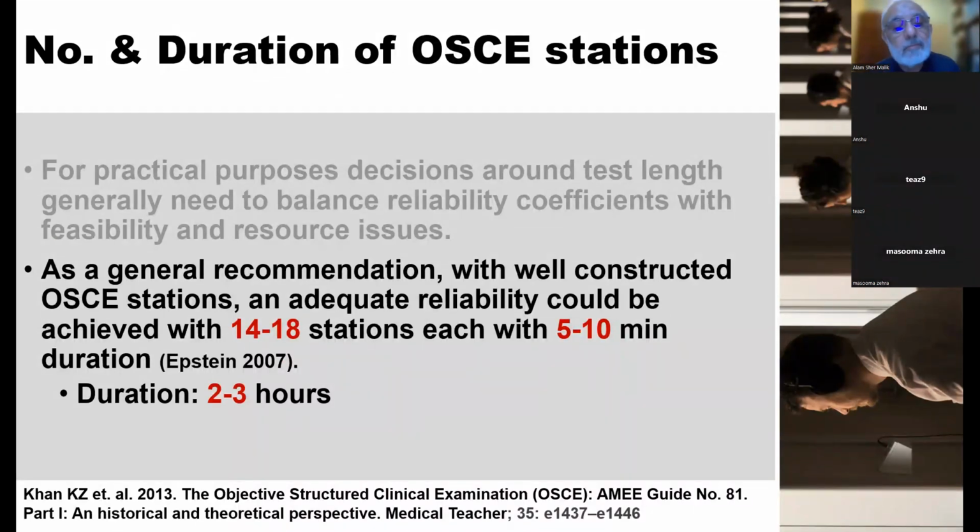If we want to have 25 stations, that would put pressure on the resources, but it would not really improve the reliability. So the guideline is about 15 or 16 stations, and a total duration of about 2.5 hours, which would give us good reliability.